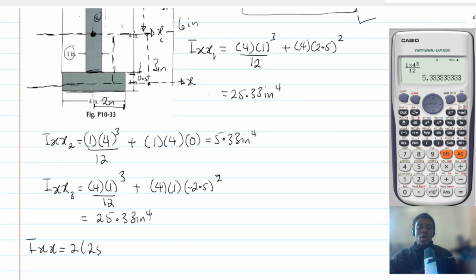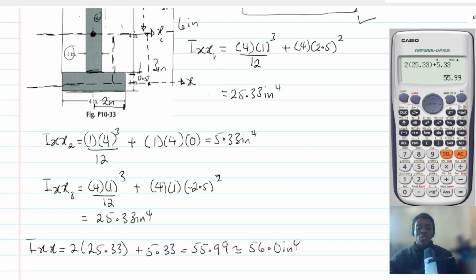So 2 multiplied by 25.33 plus 5.33, and what is that? So this is going to give us 2 multiplied by 25.33 plus 5.33, and that is what, 55.99, which is almost like 56.0 inch to the power 4.